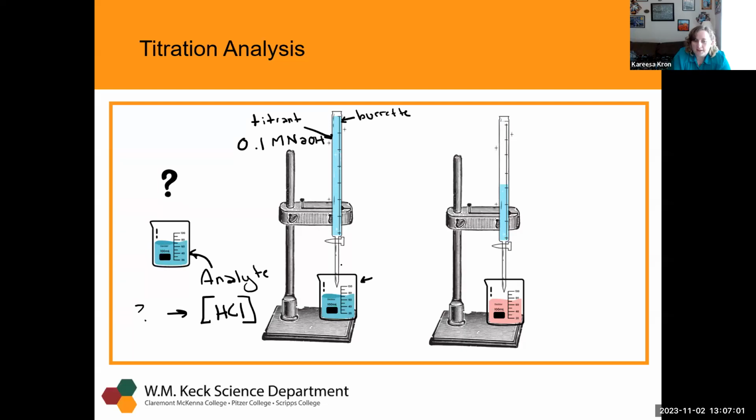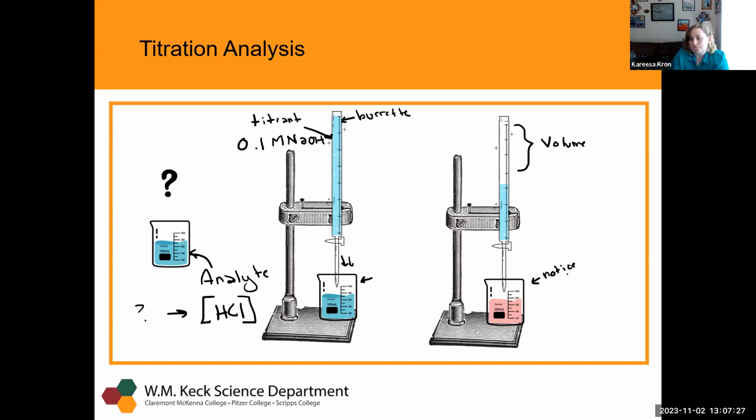And then we add it in small amounts to our beaker until we see some change or we observe some indication that we've gotten to our equivalence point, which I'll talk about on the next slide. What that does is we dispense some volume and we undergo some change that we notice.